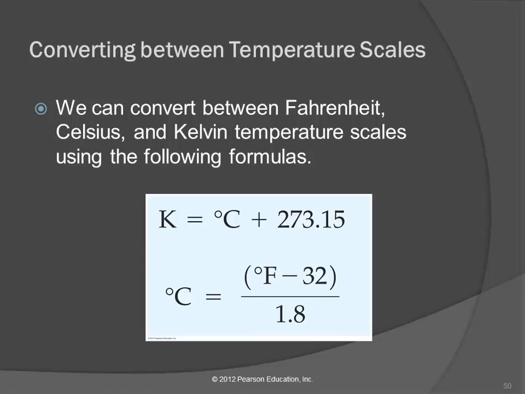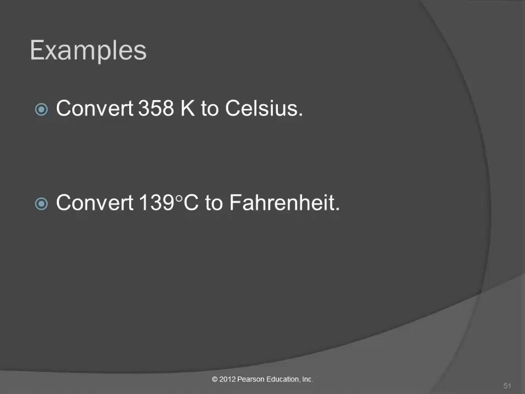The trick there is just to remember that number, 273.15. Converting Celsius to Fahrenheit is a little different. We take the Fahrenheit temperature, subtract 32, which is the freezing point of water, and you take that quantity and divide by 1.8, and that'll get you the Celsius temperature. If you have Celsius and you need Fahrenheit, then you have to rearrange that equation. So I think I have an example coming up, yeah.